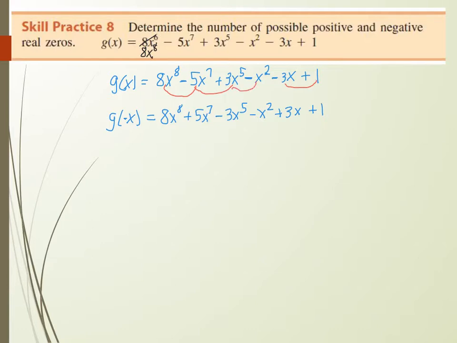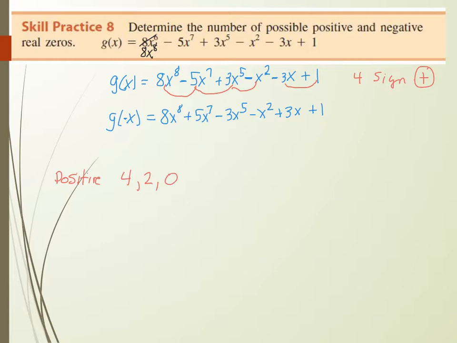So we have 4 sign changes for positive. So for the positive, we either have 4 positive roots, 2 positive roots, or no positive roots.